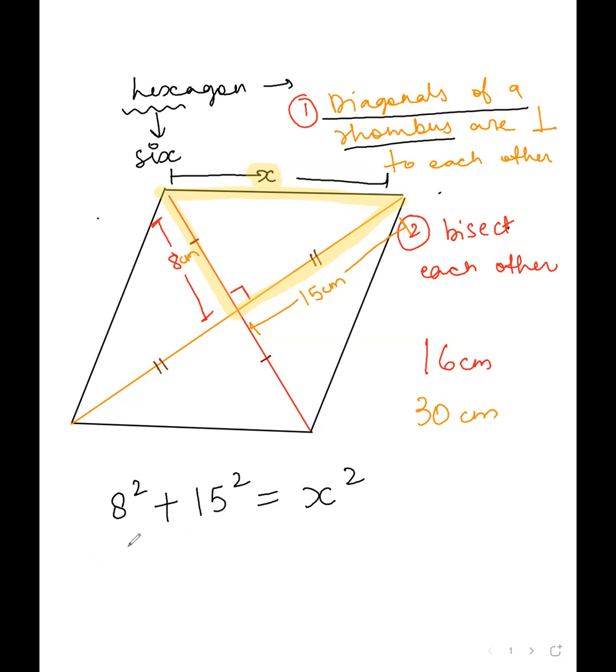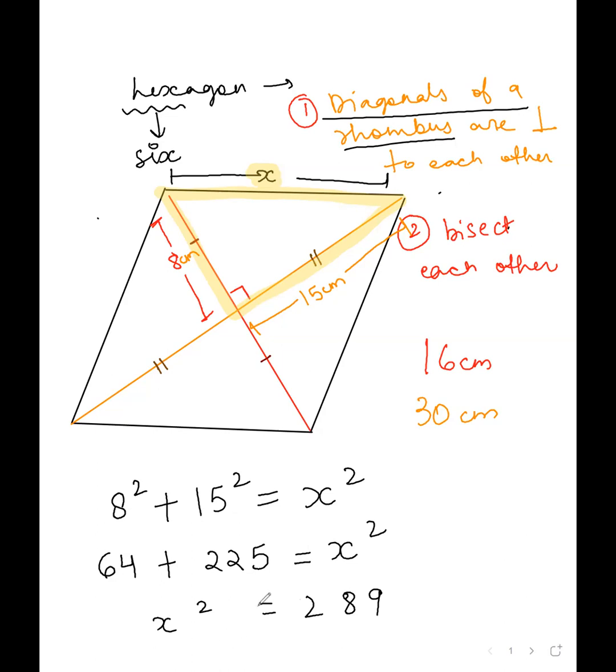So it will be 64 plus, for 15 it was 225. 225. x square gives 289. Very good. So x squared gives 289. Now, what is x?